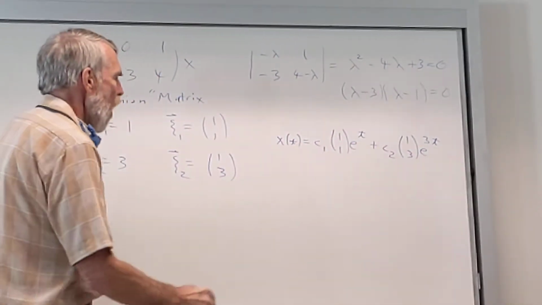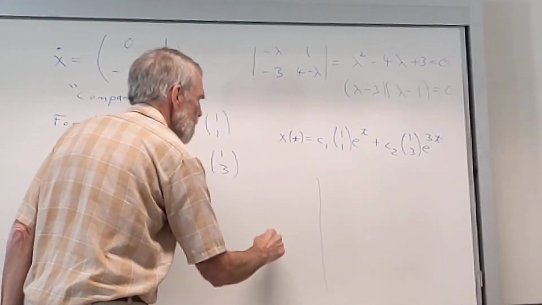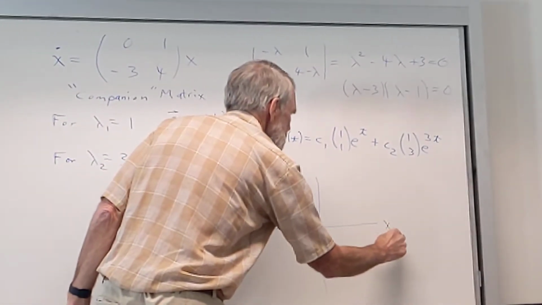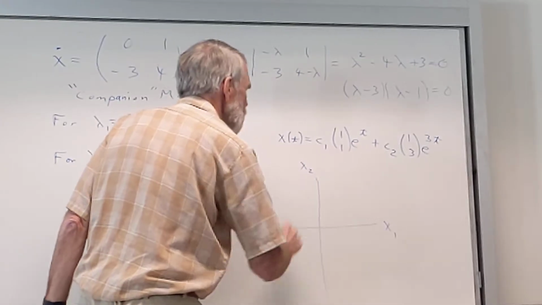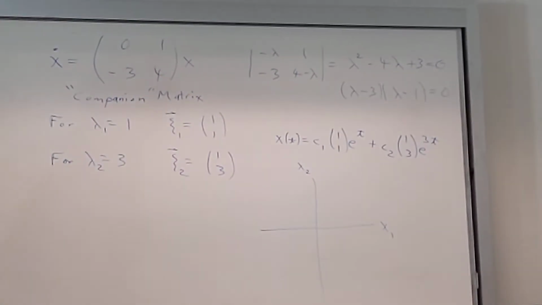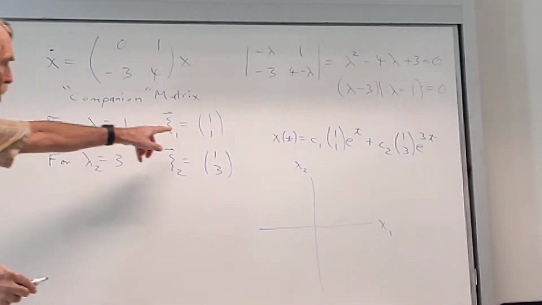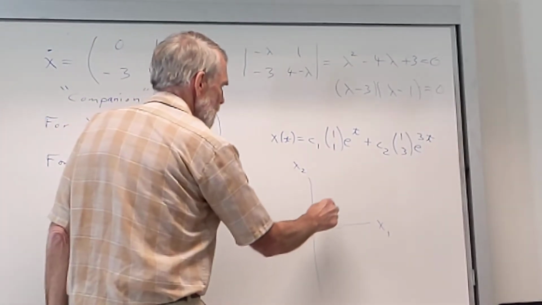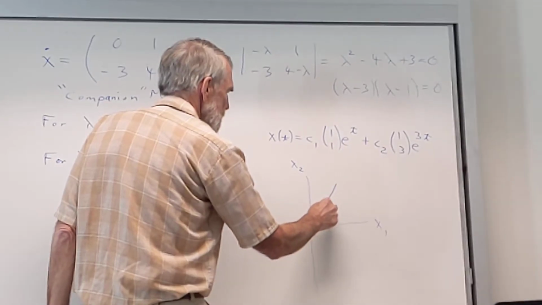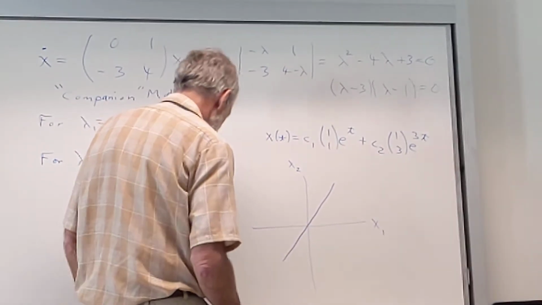And so now let's draw a pretty phase portrait for this. There again is my x1, there is my x2. Equilibrium again at 0. So we'll first draw where 1, 1 goes. It goes like that, doesn't it?